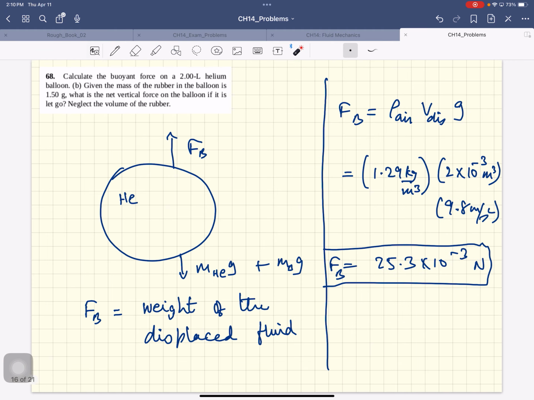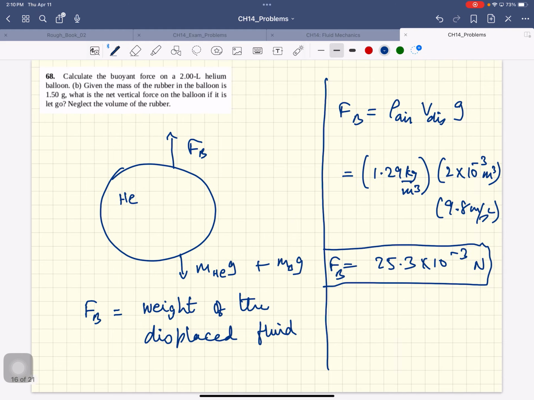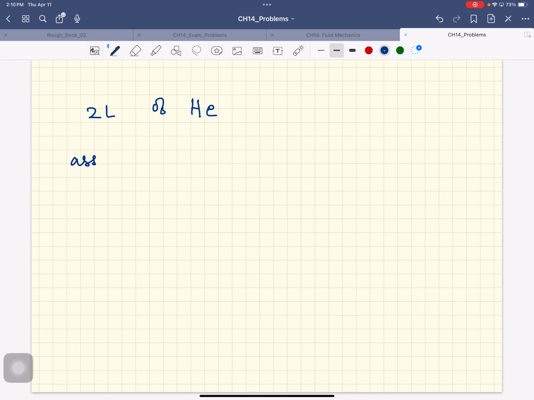It's 2 liters of helium. How do we calculate the mass of this? We'll assume STP to keep it simple. That's standard temperature and pressure. At STP, what is the volume of 1 mole of ideal gas? 22.4 liters.